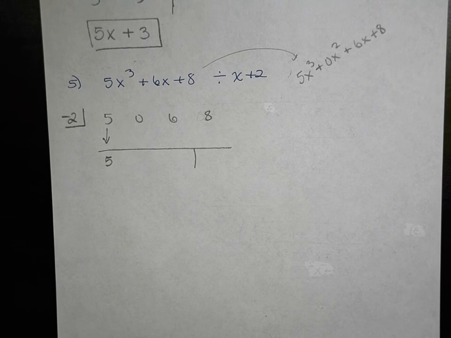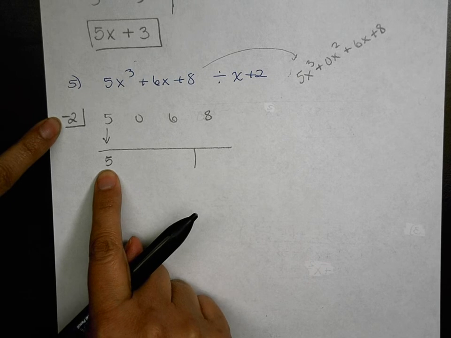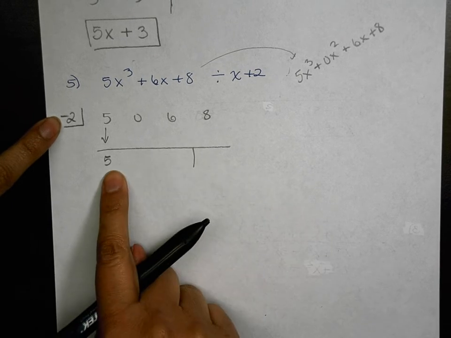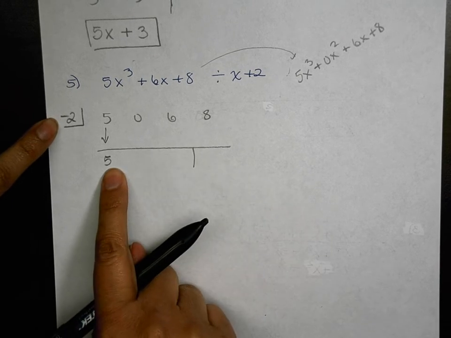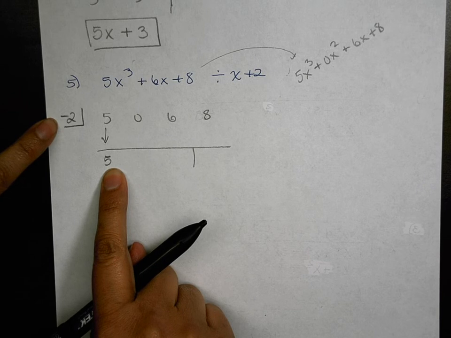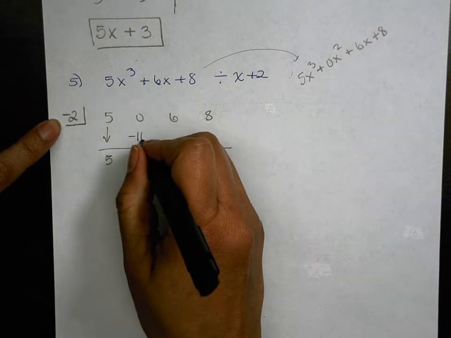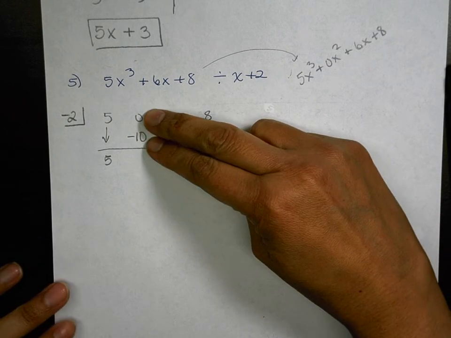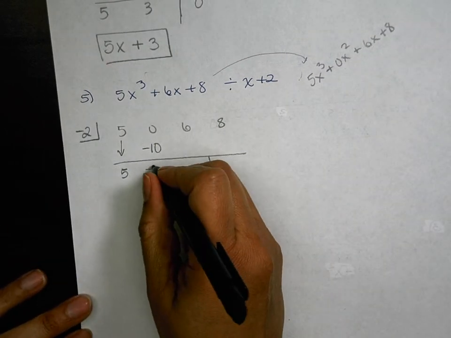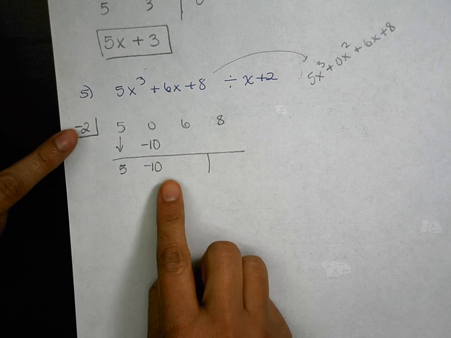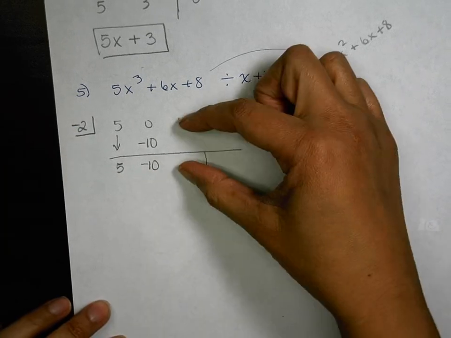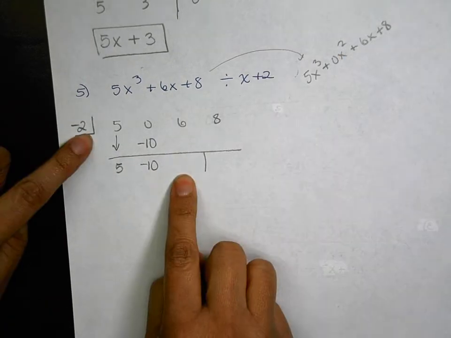All right, what did you guys do here? Multiply? No? Who said no? Negative 2 times 5 is negative 10. What's 0 plus negative 10? Negative 10. Multiply, add, multiply, add. Keep going.